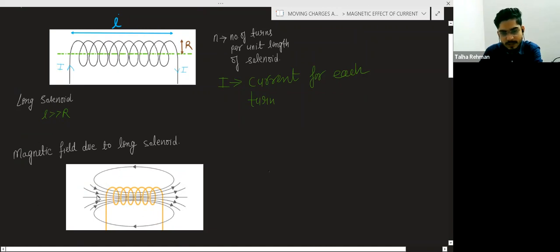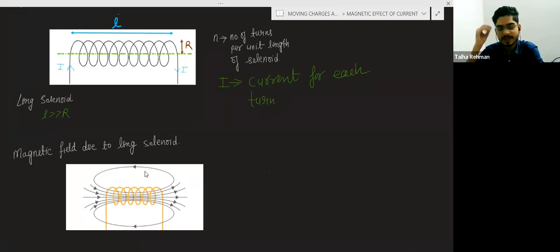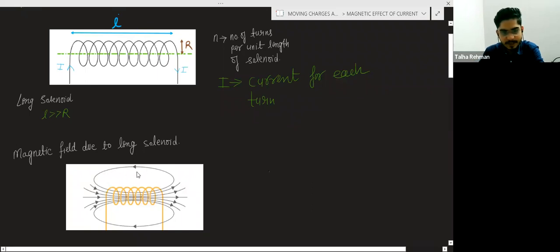In the central region, the magnetic field lines are dense, meaning the magnetic field is strong, and outside the solenoid the magnetic field will be less. So we can neglect the magnetic field outside the solenoid, and we can consider that at the central region the magnetic field is constant.